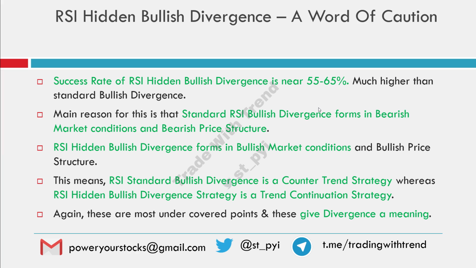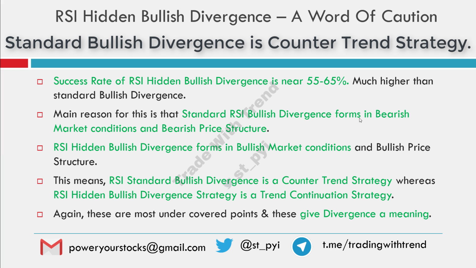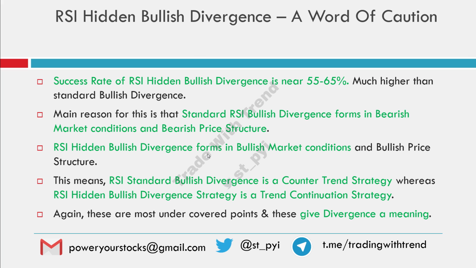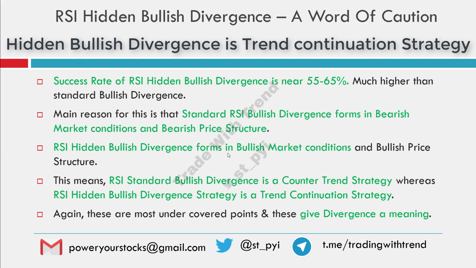Now, the main reason for this is that standard RSI bullish divergence forms in bearish market conditions like we saw in the last video, whereas RSI hidden bullish divergence forms in bullish market conditions and bullish price structure.